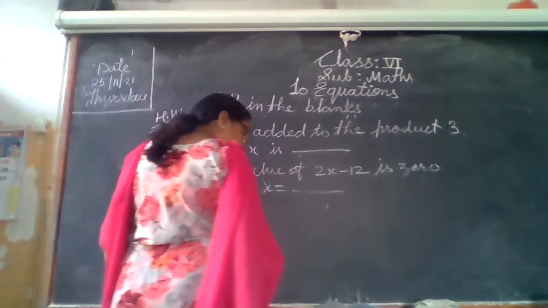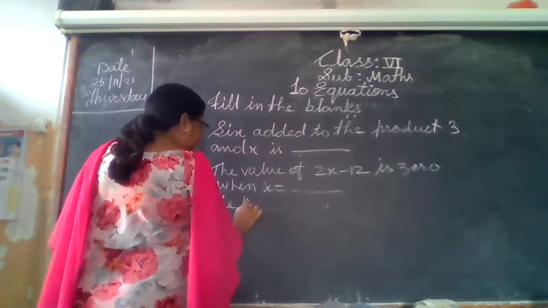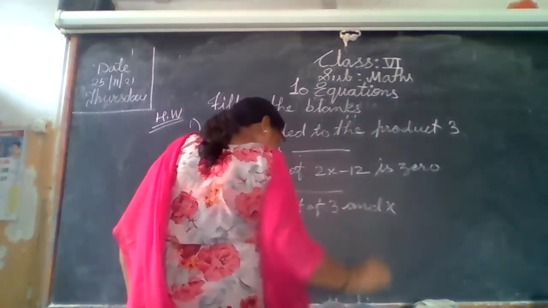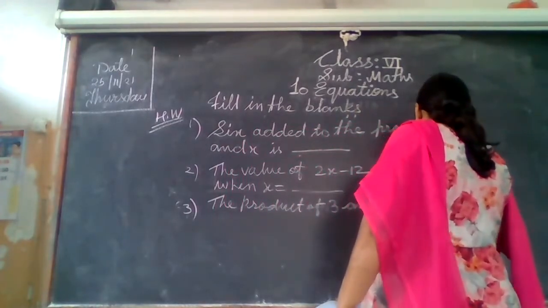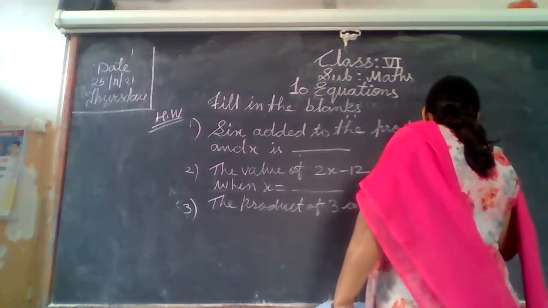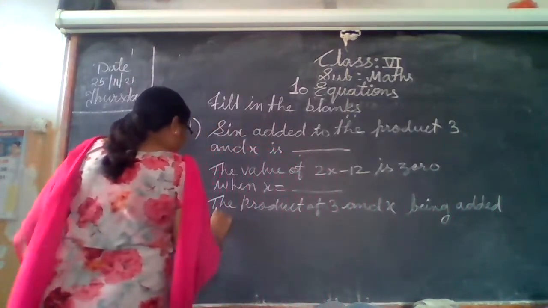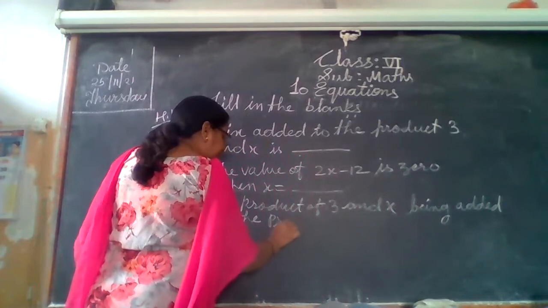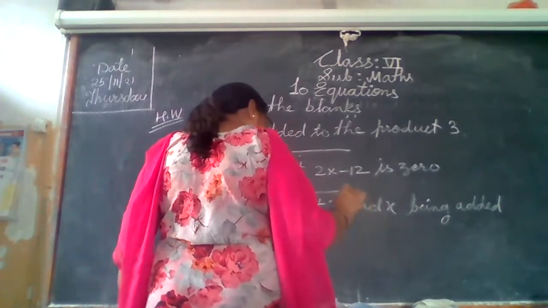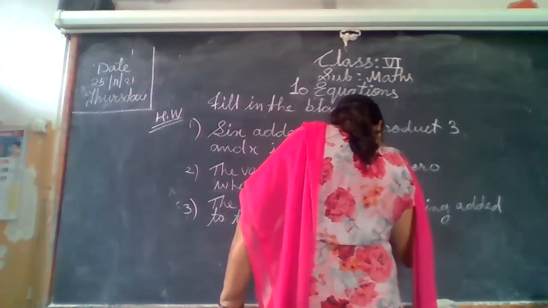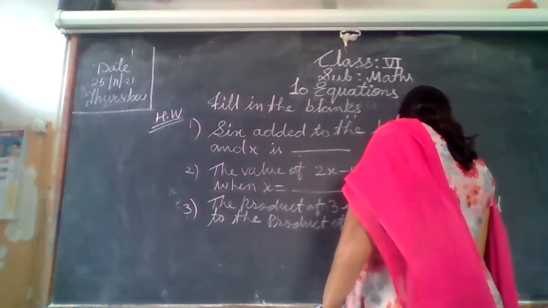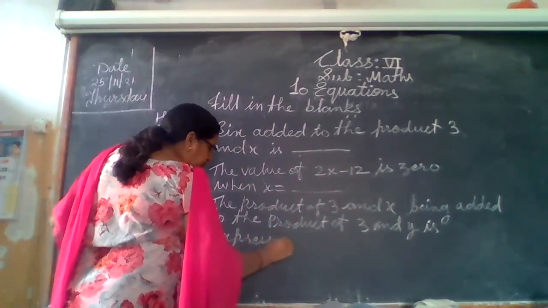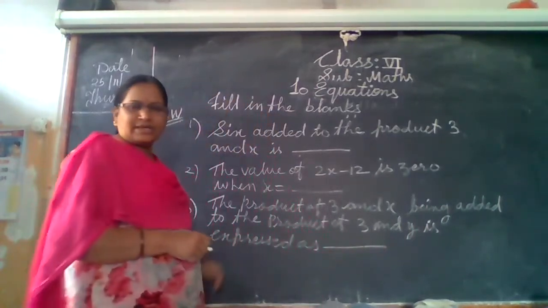And the third one, the product of 2 and x being added to the product of c and y is expressed as, so you have to write down how will you express this.